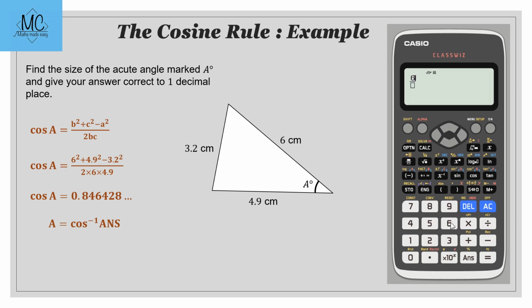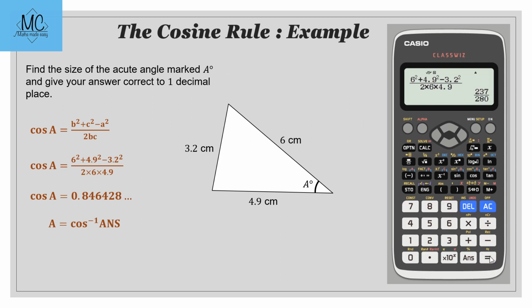As you can see, 6 square plus 4.9 square minus 3.2 square, and then go to the value down, 2 times 6 times 4.9.